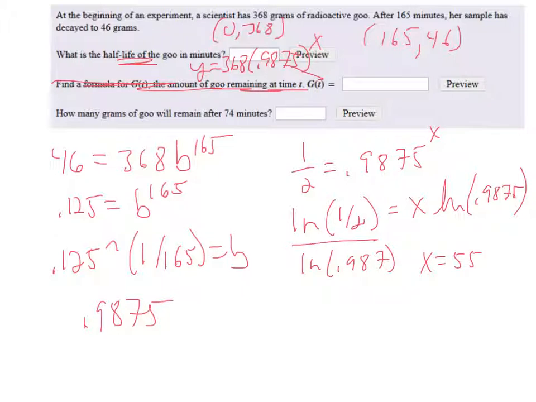55, what is it? Minutes? And if you think about this reasoning, if my half-life is 55 minutes, 165 is 3 half-lives. So half of 368 would be 184, and then half of 184 will be 92. So that seems like a 92, and they're looking for 46, so that should be another half-life.